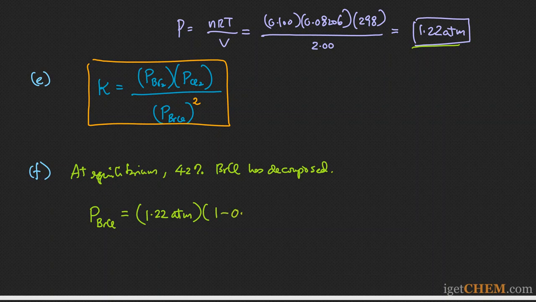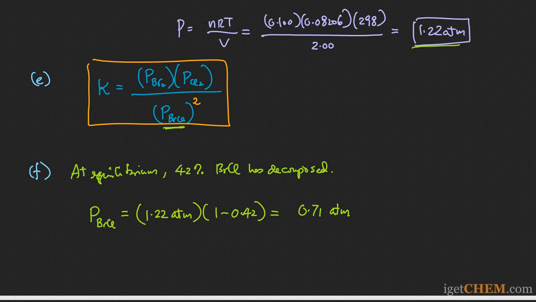And what is left is obviously 1 minus 0.42. And so if you calculate what that is, you see that the equilibrium partial pressure for BrCl is 0.71 atmosphere. So we have that number right there.